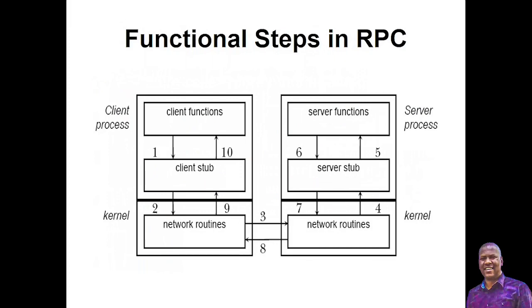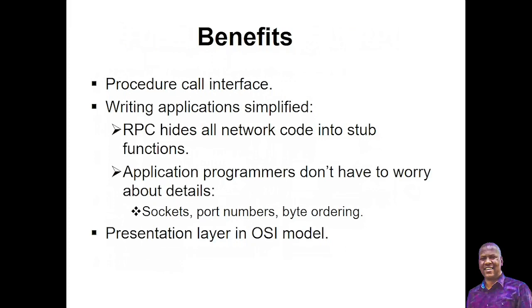You can see there's the client process implementing the client stub, and also the server process implementing the server stub. Here the client can always have its operations cut out in a local manner, and in the same way the server can have its operations cut out in a local manner using this particular stub.